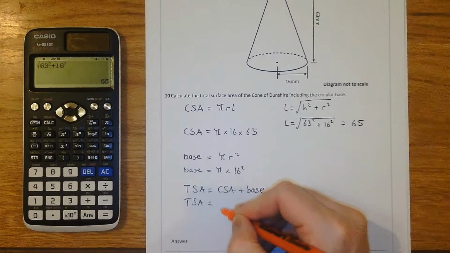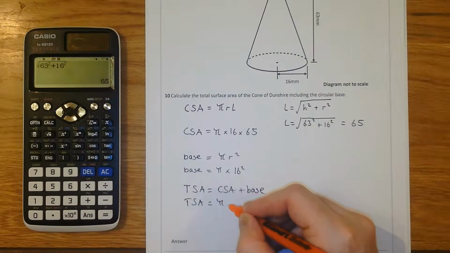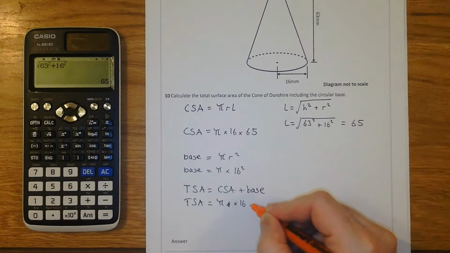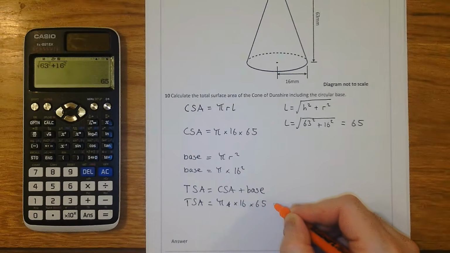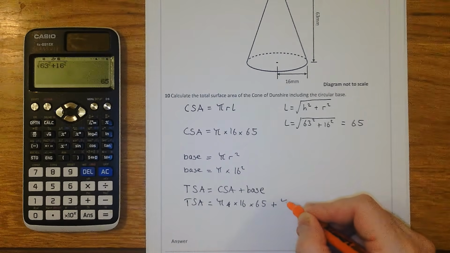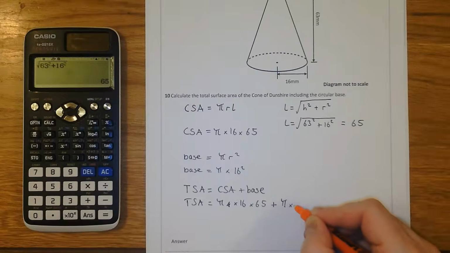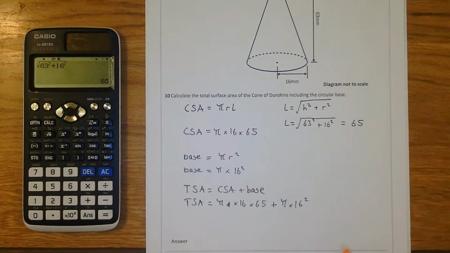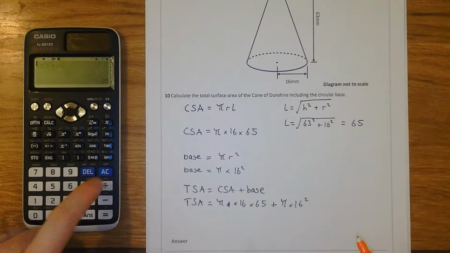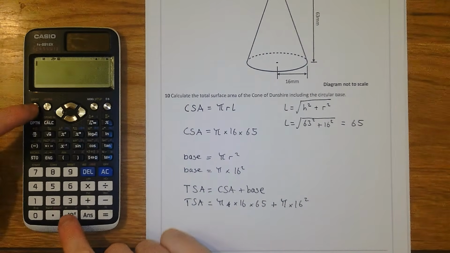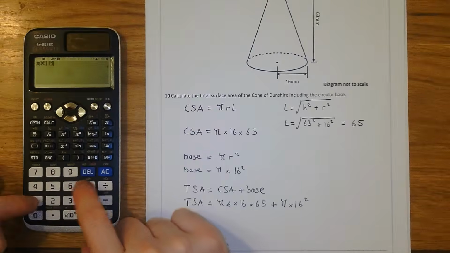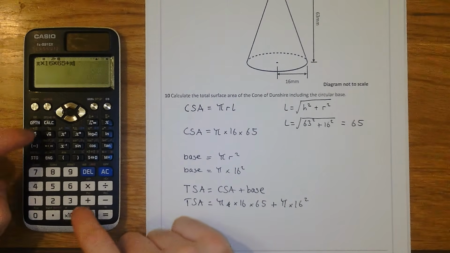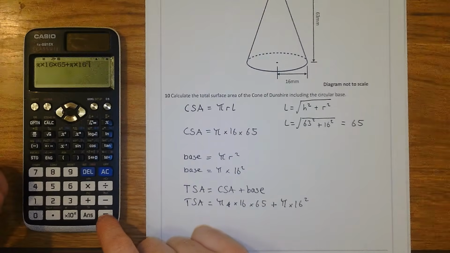The curved surface area is pi times 16 times 65 plus pi times 16 squared. Now I'm going to enter this into my calculator. Pi times 16 times 65 plus pi times 16 squared.